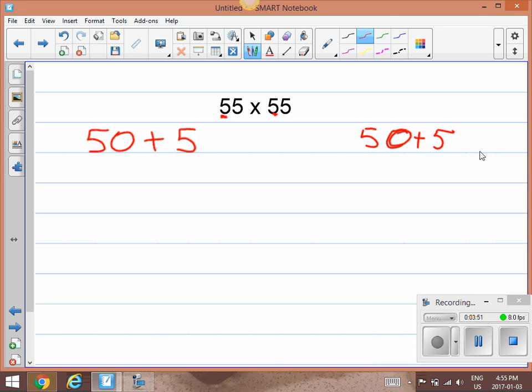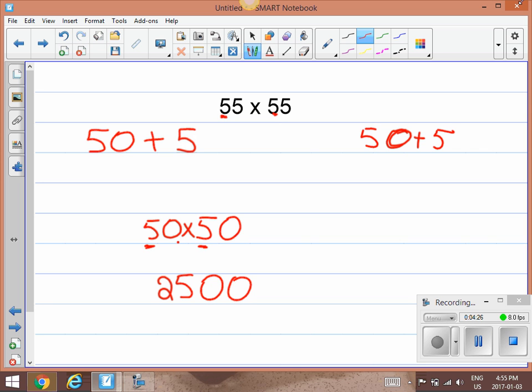From here, remembering that we need to multiply each digit by each digit, 50 times 50, we do our front end, 5 times 5, which is 25, 2 zeros. So we know right away that our answer is going to be larger than 2,500.